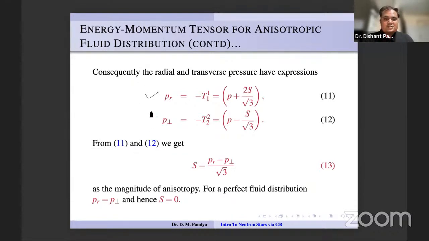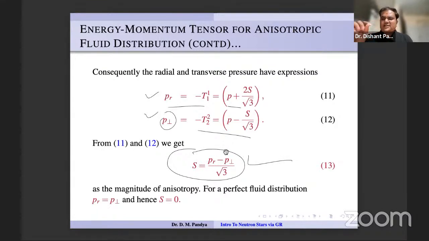They have this relationship, equations number 11 and 12. PR is given by minus T11 equal to this, and P perp is equal to this. Out of these 11 and 12, you will have equation number 13, which is basically giving you the relationship of the radial pressure and transverse pressure.